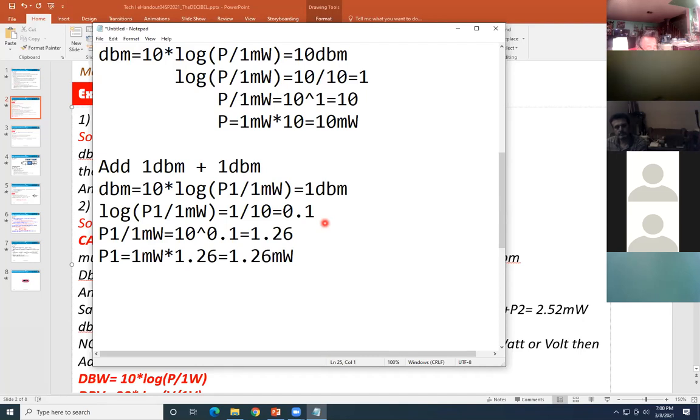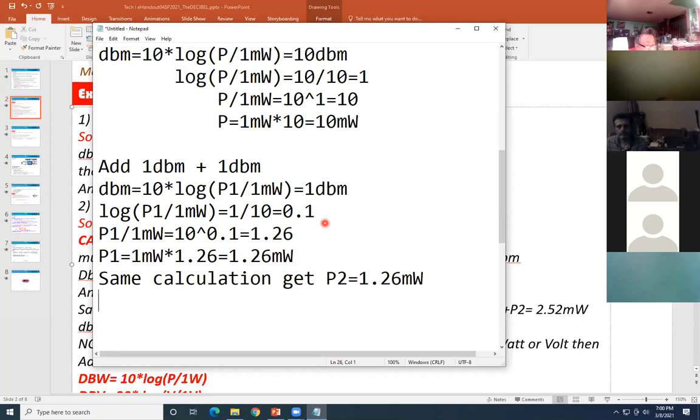Okay, same calculation: P2 equals 1.26 milliwatt.